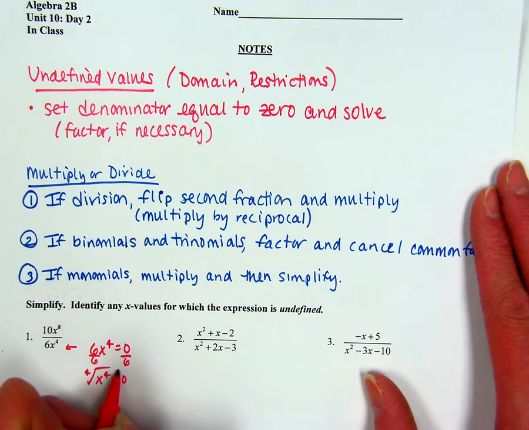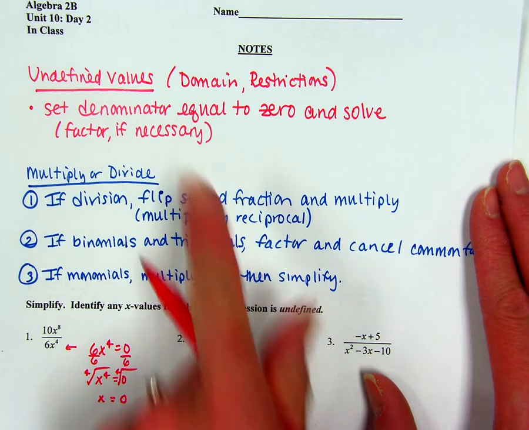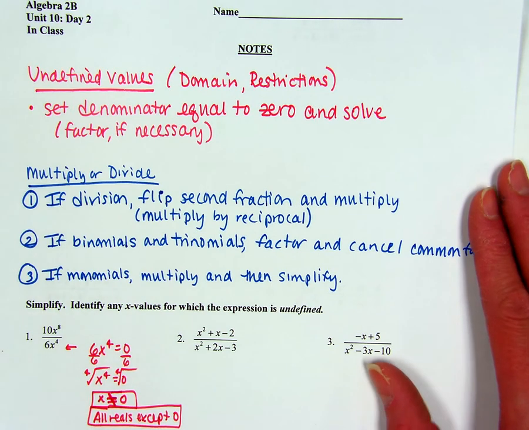And to undo a 4th power, I take the 4th root. So the 4th root of 0 is just 0. So this tells me that x cannot equal 0. Another way to say that is all real numbers except 0. But I think for now we're just going to go with the not equal sign.